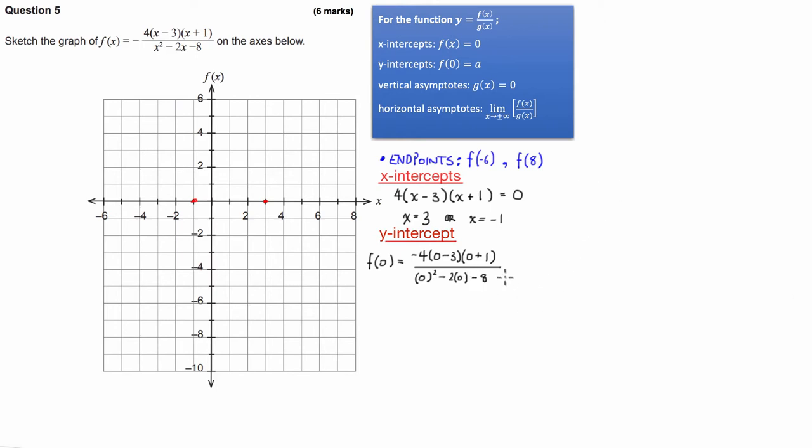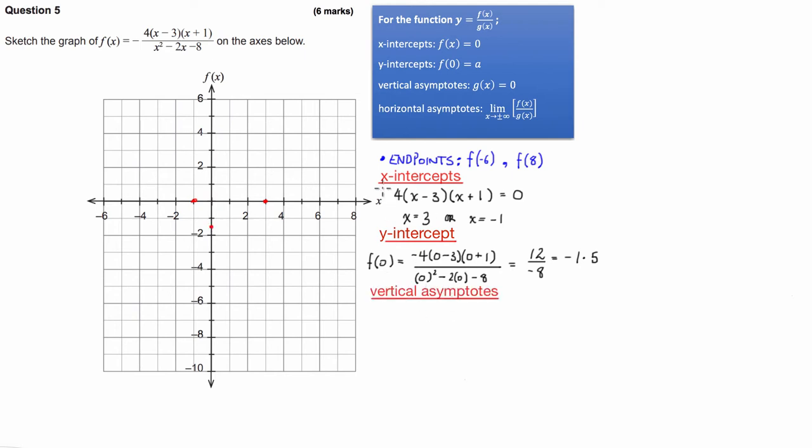For this, at the top we've got -4 times -3 is positive 12, times 1 is simply still positive 12. And then we have 0 take 8, which is equal to -8. 12 divided by -8 is equal to -1.5. So let's just draw that on the graph now, guys. 0, -1.5 is going to be approximately there.